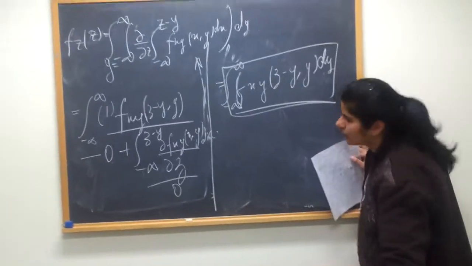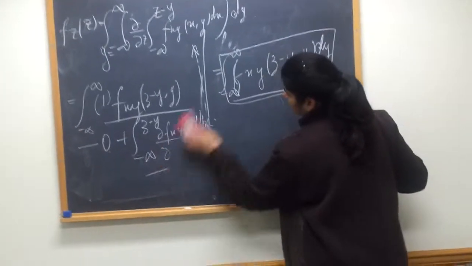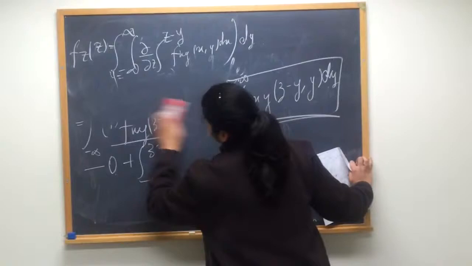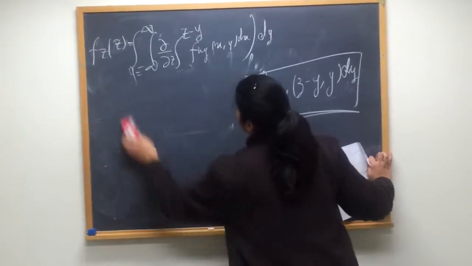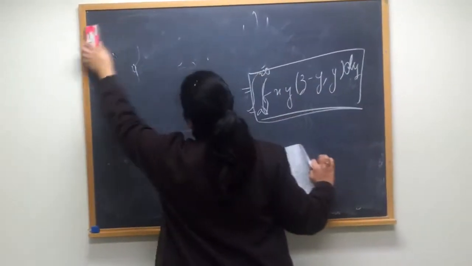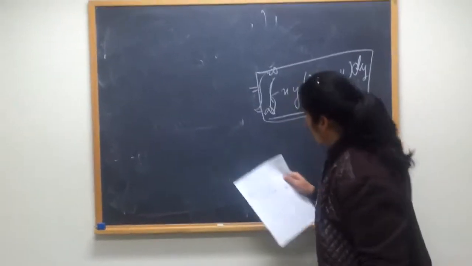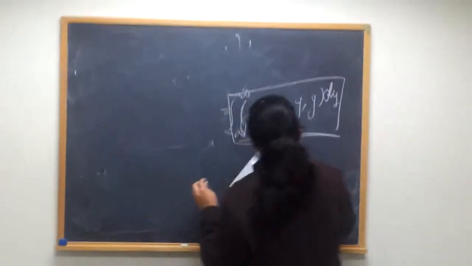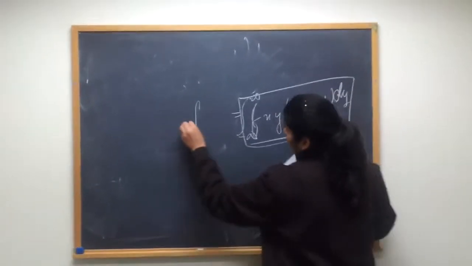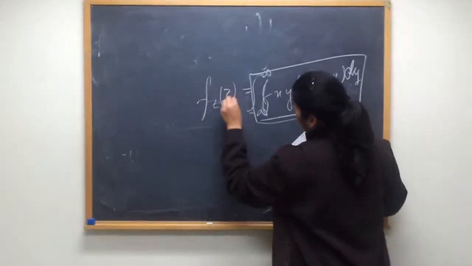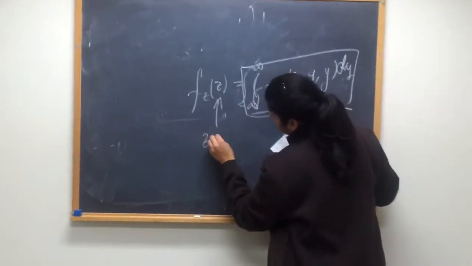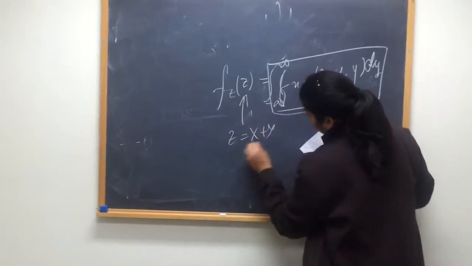Now, there are two cases of this. Number one is, if it is given that x and y are independent variables. So we have this PDF f_Z(z) where z is given to be x plus y.